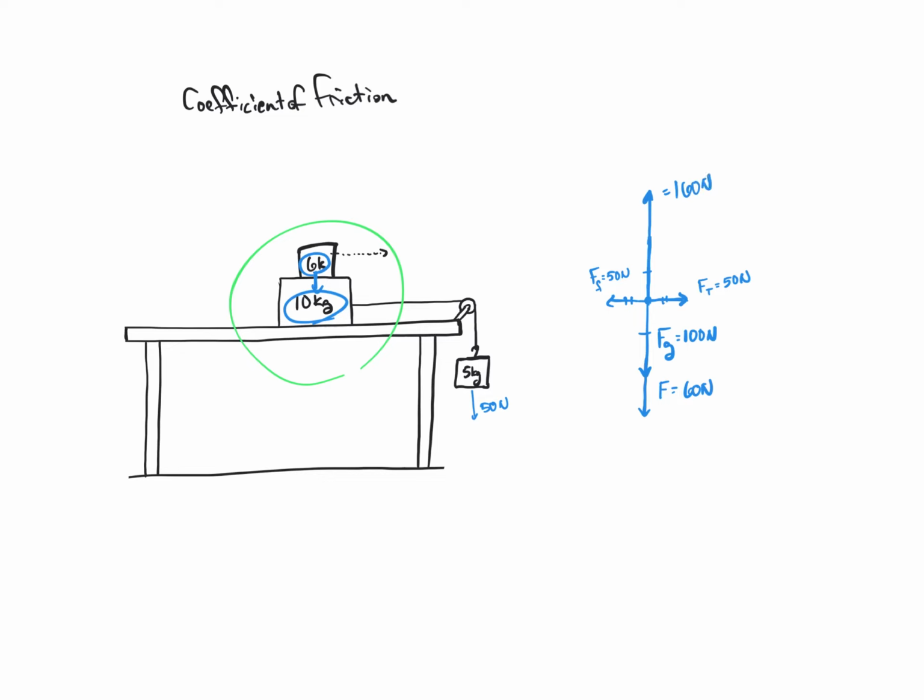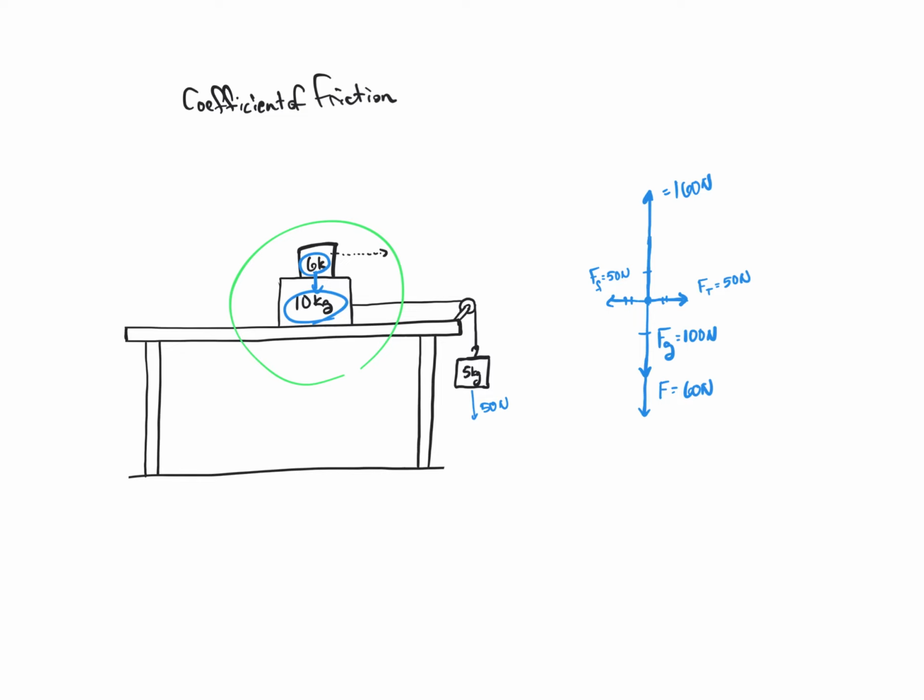And wouldn't you know it, at this point, it stops. It no longer is moving at constant velocity. That means that the sliding kinetic friction force has changed. It can be greater than 50 newtons.